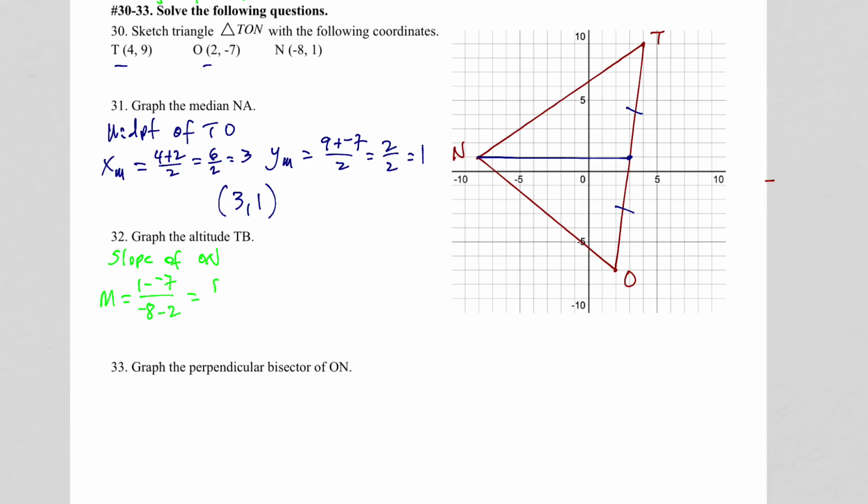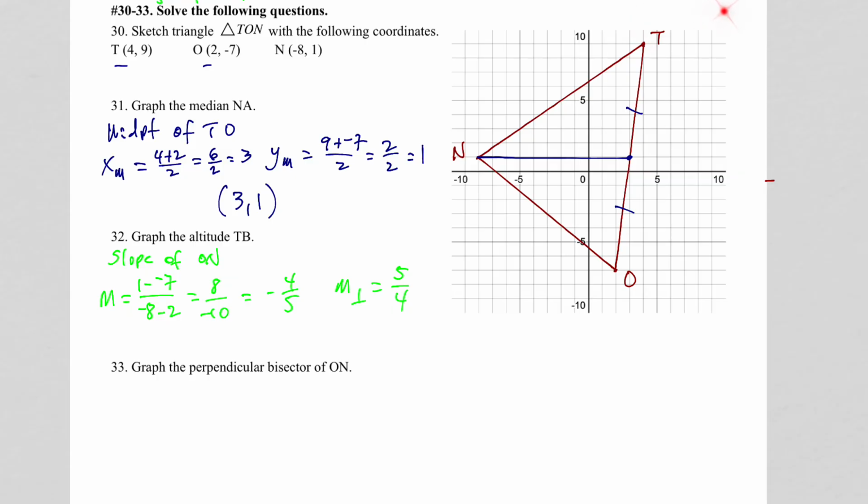This becomes a positive 8 over a negative 10, which is negative 4/5. So the slope of the perpendicular is a positive 5/4. So coming from T, we have to rise 5 and run 4.